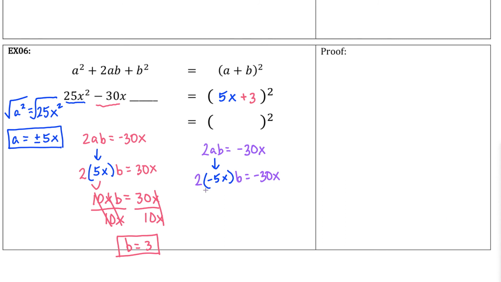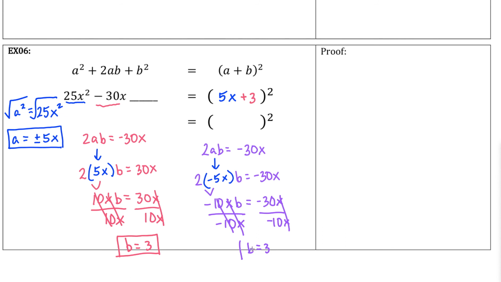And then 2 times negative 5x is negative 10x b equals negative 30x. Divide by negative 10x. Divide by negative 10x. And I get b equals a negative over negative is a positive 3.